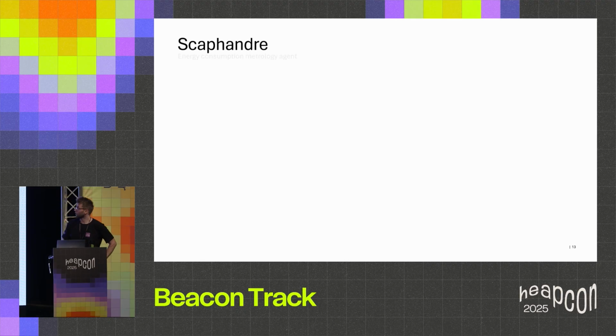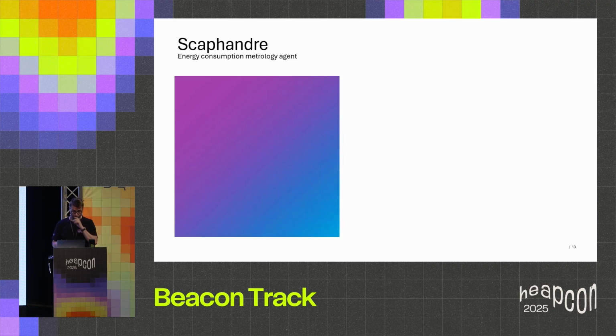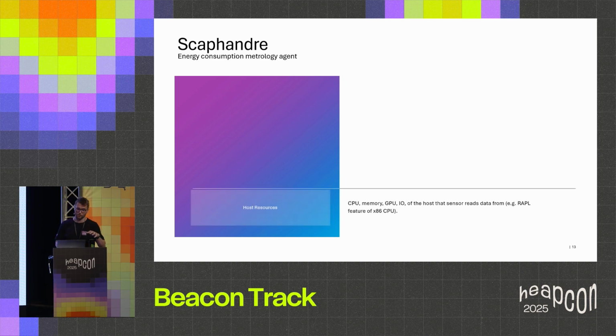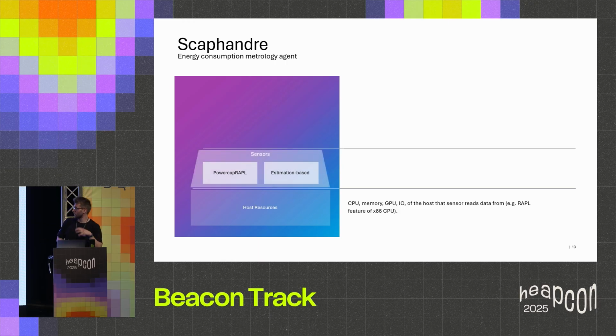Next tool that we can use is Scaphandr, and this tool is actually an energy consumption metrology agent. It's something similar to Kepler, but it relies on a different approach. It takes the data from the host, so CPU, memory, GPU, I/O, and sensors, especially from this PowerCap RAPL, which is a feature of the CPUs, and then this data is made available for the exporter.